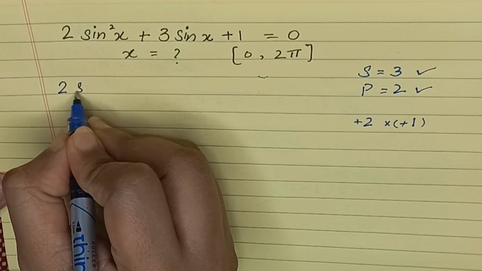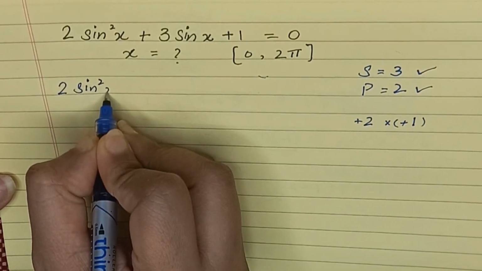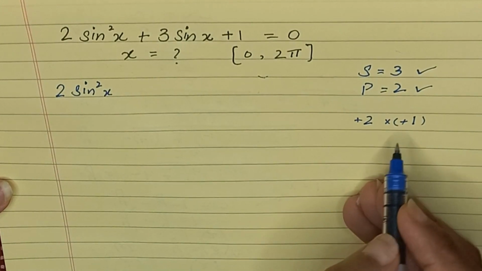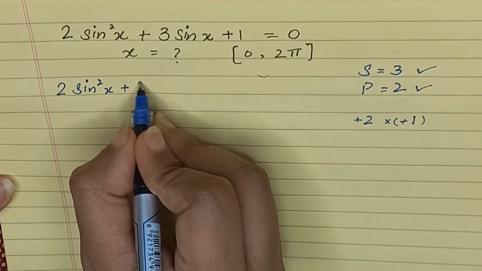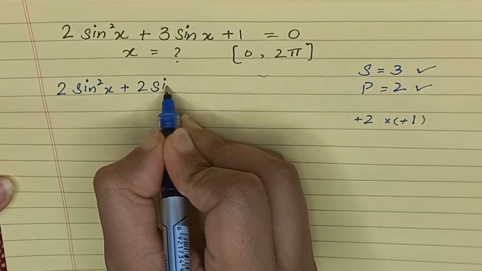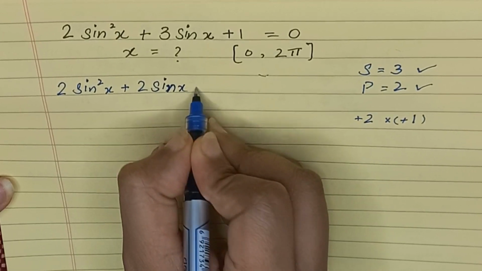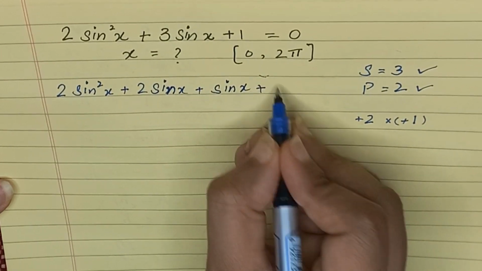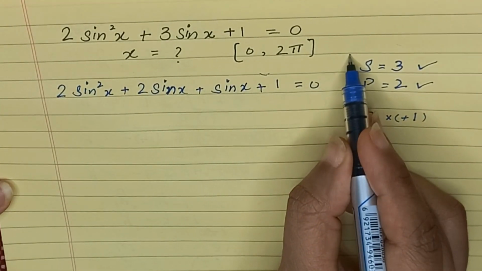So it will be equal to 2 sine square x, and we will replace 3 sine x with 2 sine x plus 1 sine x, plus sine x, and this plus 1 is as it is, which is equal to 0.